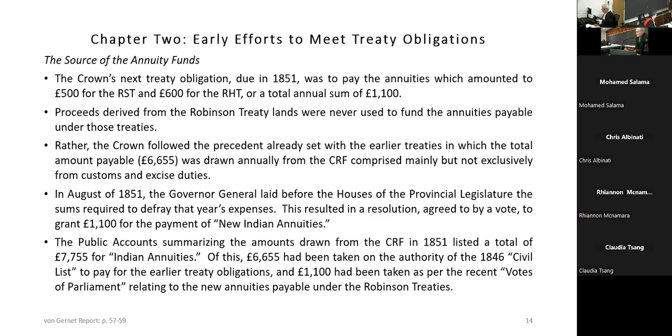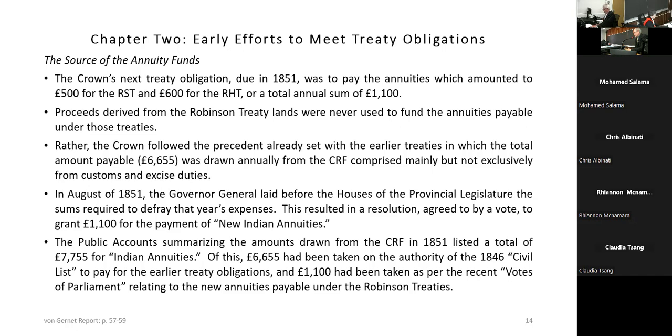Now, originally, the deal was £2,000 in total. If you divided that, the original amount would have been 500 for the RST and 500 for the RHT, but there was a difference in population between the two.